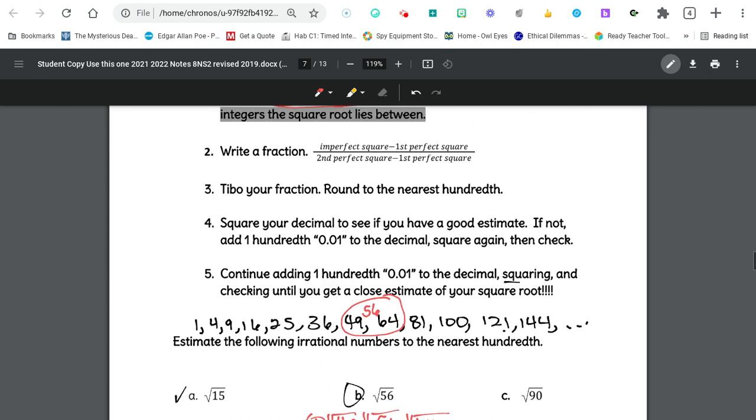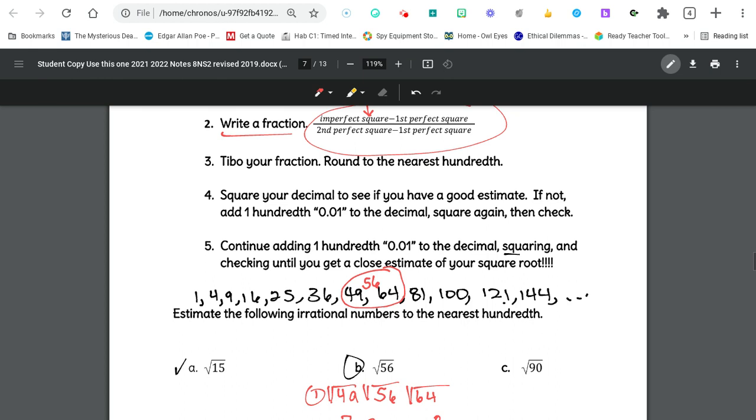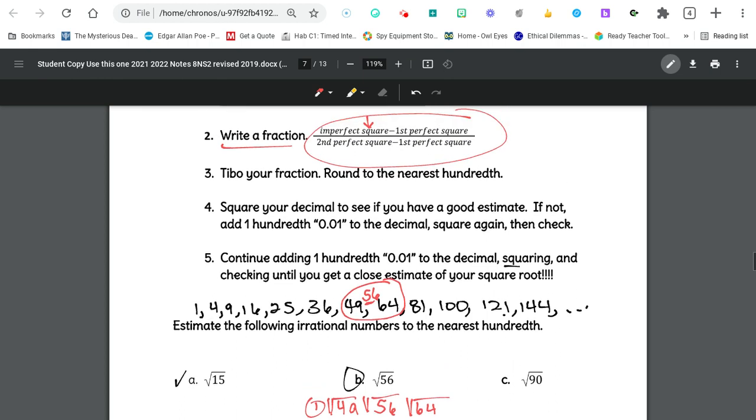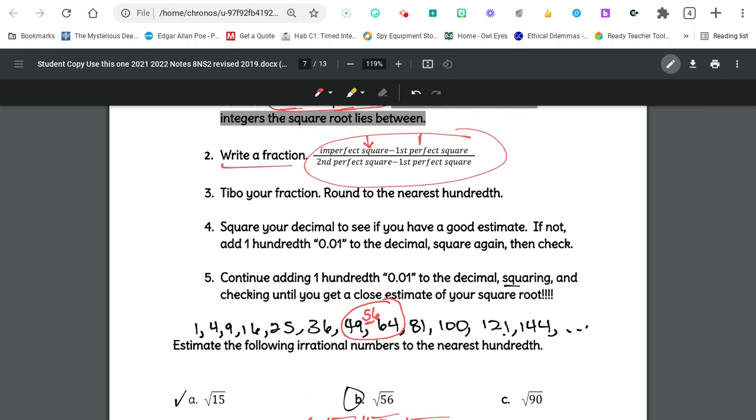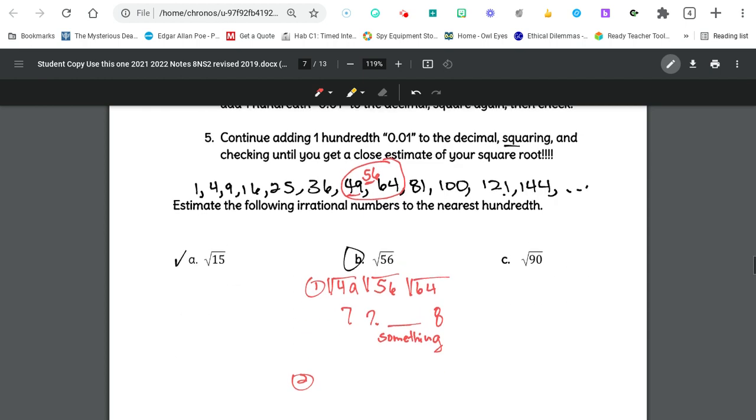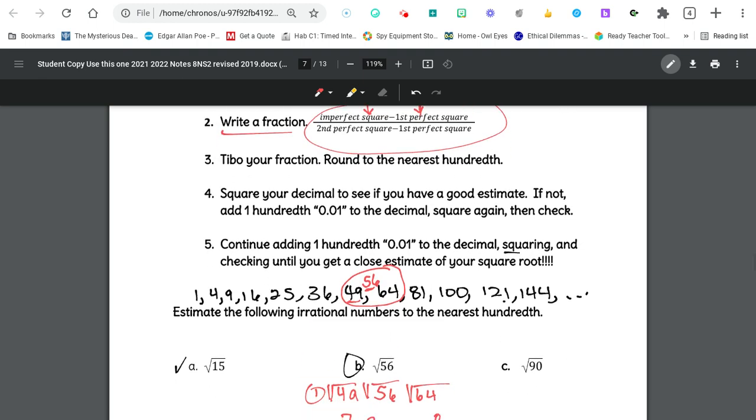Step 2 says write a fraction. You're going to follow these steps. You're going to take your imperfect square. My imperfect square here is 56. And it says you're going to subtract your first perfect square. The first perfect square is 49. Okay? So we're going to write 56 minus 49. And then for the bottom, it says take your second perfect square.